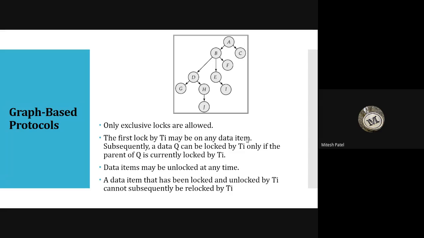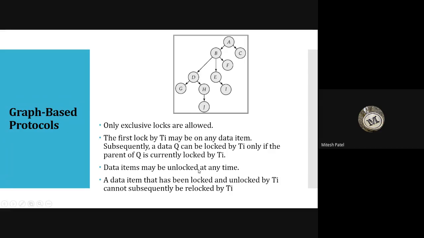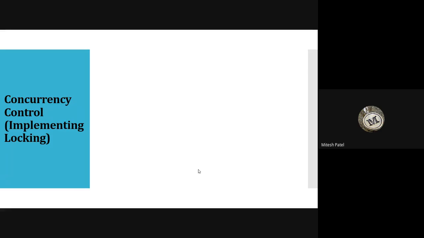डेटाबेस और रिकॉर्ड 1, डेटाबेस पे जिसने लॉक लगाया है वो बाय डिफॉल्ट चाइल्ड को लगेगा ऑटोमेटिकली। तो Ti ट्रांजैक्शन ने लगाया है तो डेटा आइटम सब्सिक्वेंटली उसके चाइल्ड हो, उसको ट्रांजैक्शन Ti ने ही लॉक किया होगा, and data item may be unlocked at any time and unlocked by the same transaction Ti.